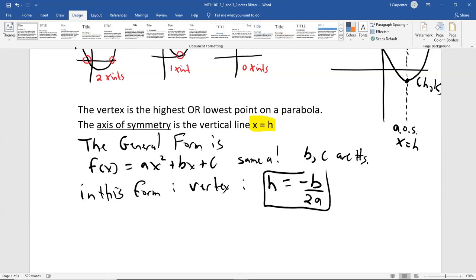So that's a formula you'd have to memorize. There is also a formula for k. I will not write it down. I have never written it down in one single algebra class in my life, and I never will, because it is a pointless formula to remember. All you have to do is plug it in. It's f(h). h is the x coordinate. We always find a y coordinate by plugging in the x coordinate.